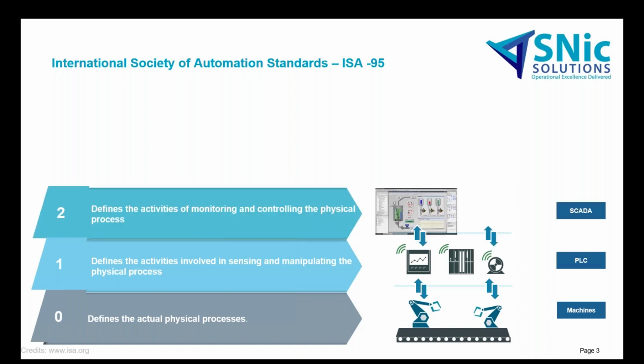Going further to level 2 is defining the activities of monitoring and controlling the physical process, which is more known as SCADA. And this is where you actually visually can control, monitor, see what's happening to your machines, your systems, and also take actions like immediate shutdowns, alerts. All these are covered basically at level 2.